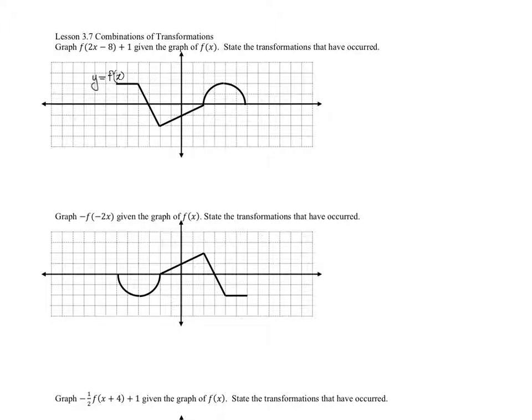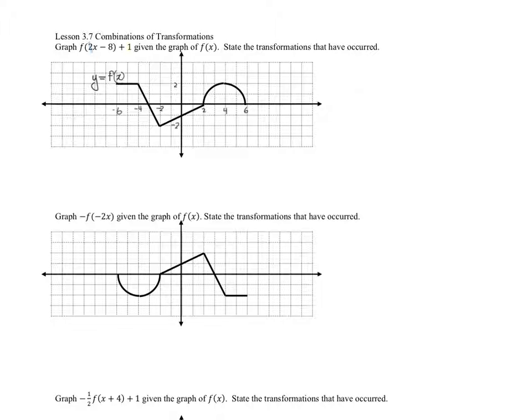So to help us see what these points are later on, let's just label the axes very clearly. -2, -4, -6, -2, 2, 4, 6, 2. Okay, so now when we look at the transformed function given to us here, this is our b value, okay?